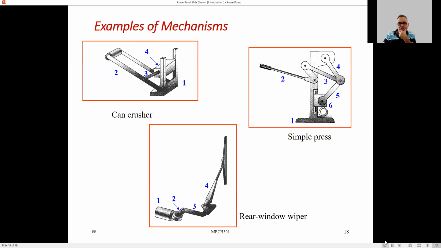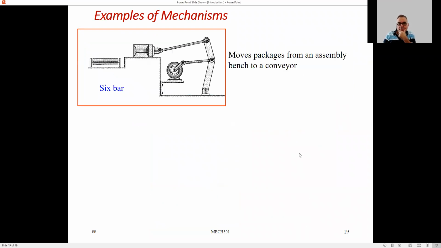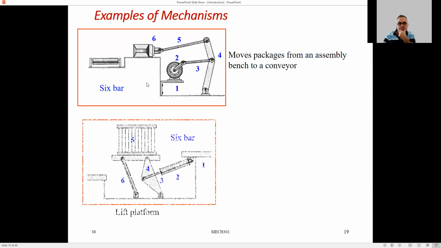You mean this one? Next. Okay, you mean this one.